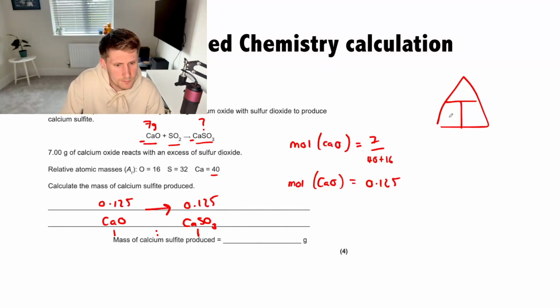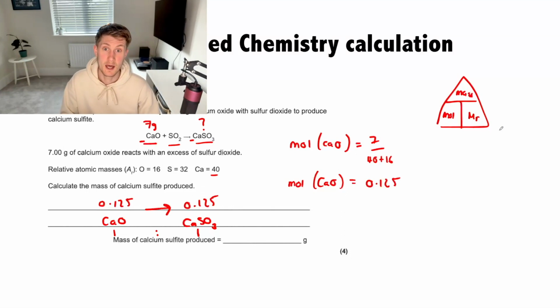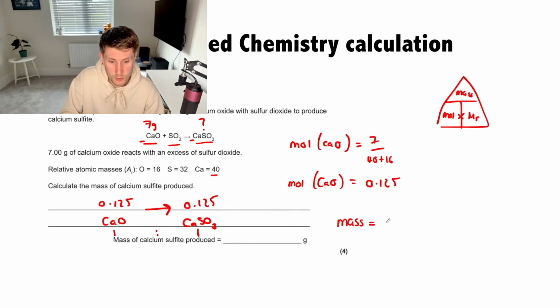So moles is mass divided by MR, and I want the mass. So I'm going to cover that up, and it shows me that moles times MR will get me that mass. So that's what I'm going to do. I'm going to do mass equals moles, which we now know is 0.125, and I'm going to multiply it by the MR of my calcium sulfite.